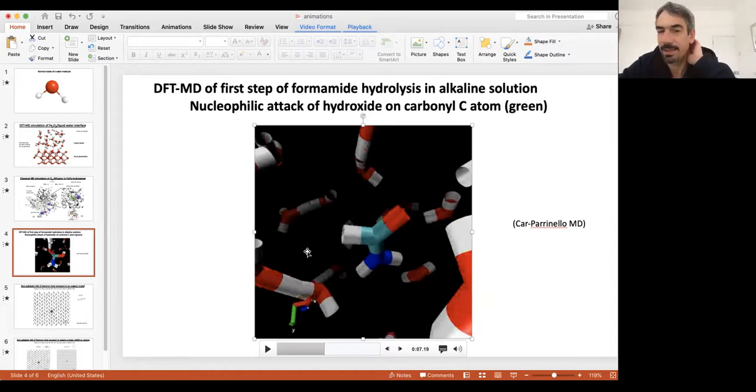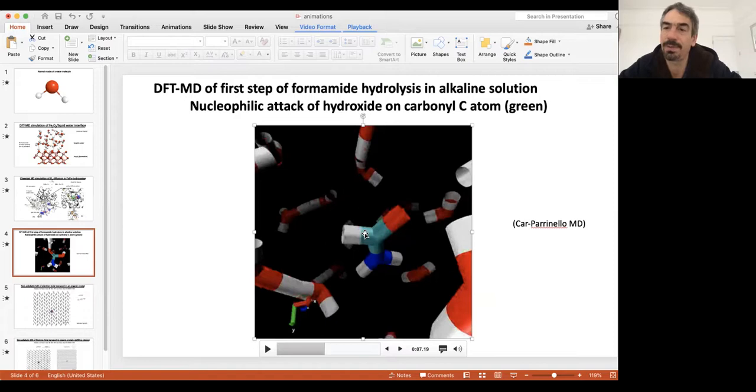But every now and then, and this is what I'm showing here, this OH minus attacks that carbon and opens up the double bond, and then it forms an O minus and an OH. This is what this movie is about: basically how this attack happens.